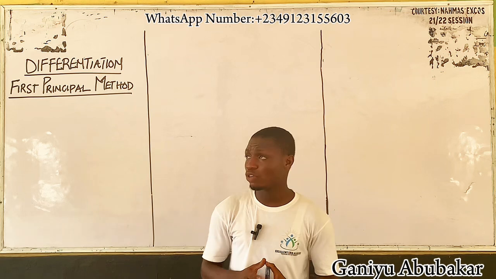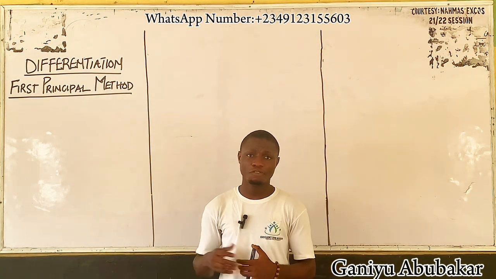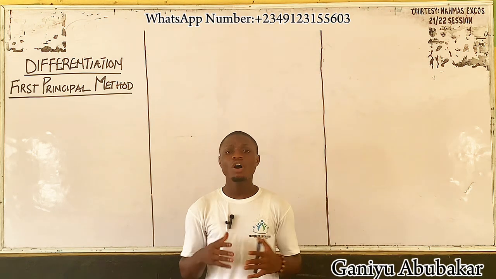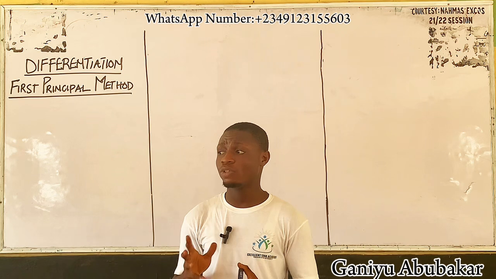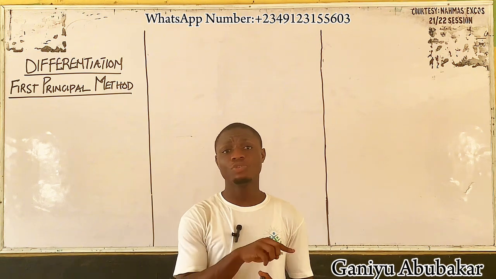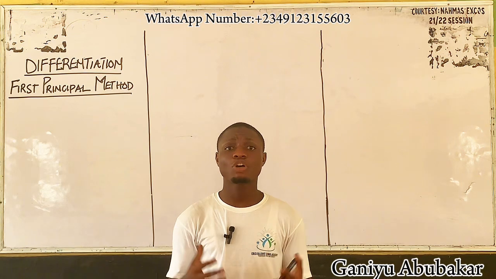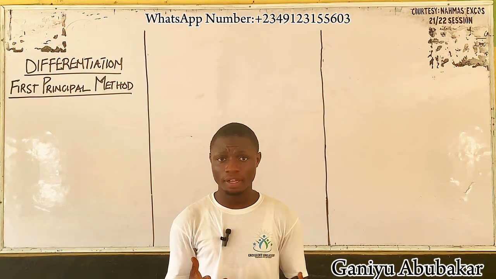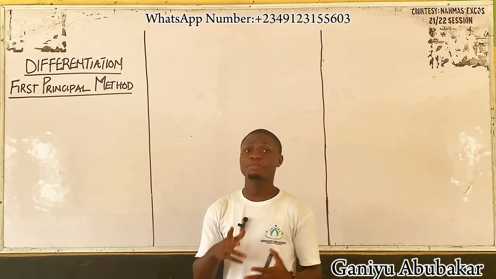So let's look at the second method of differentiation, called the first principle method. Last class, we emphasized something about the general method. The key concept there is to multiply by the power and subtract 1 from the power. Similarly, when it comes to first principle, the concept changes.